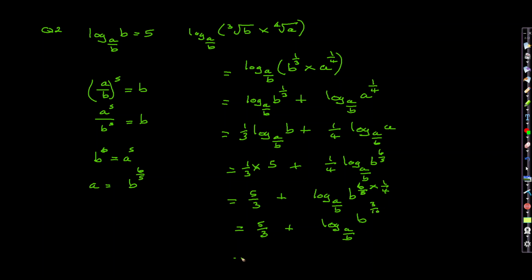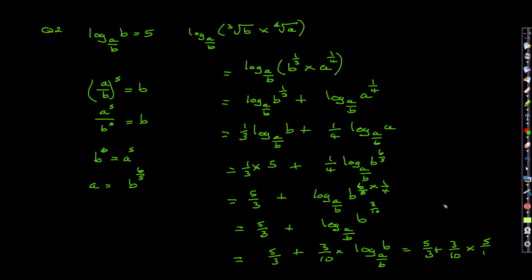Okay, and then we can move that power to the front. So we're going to get 3/10 times log base A over B of B, and that will be 5/3 plus 3/10 times 5.